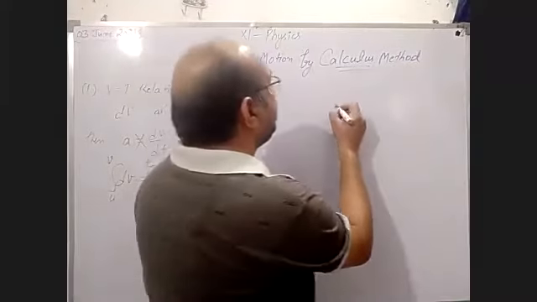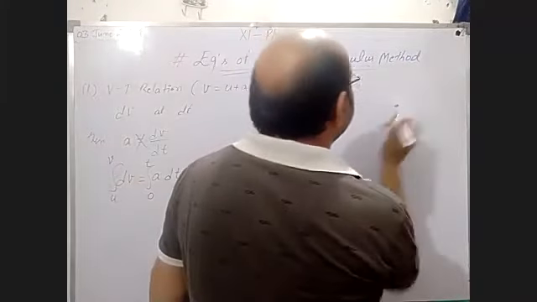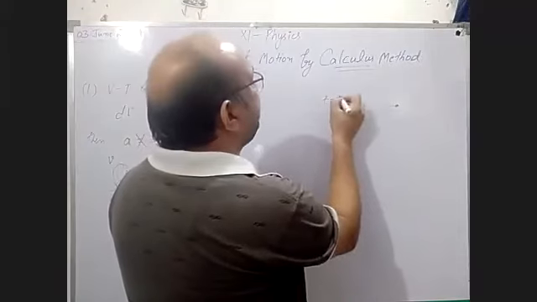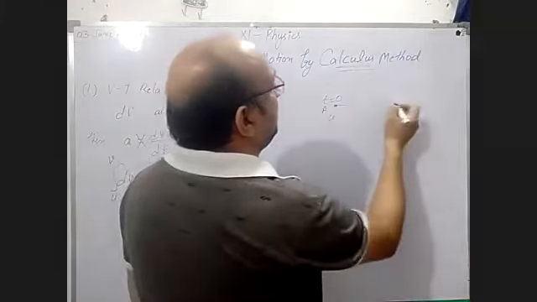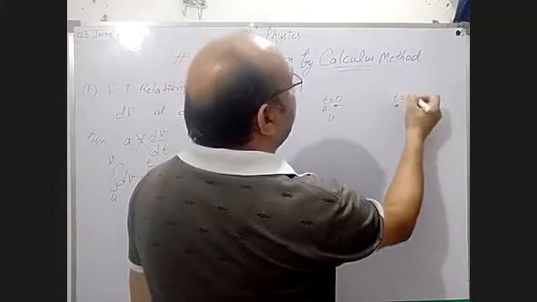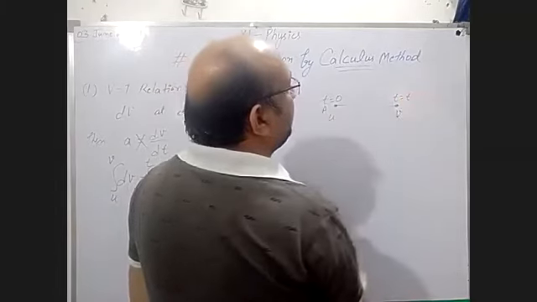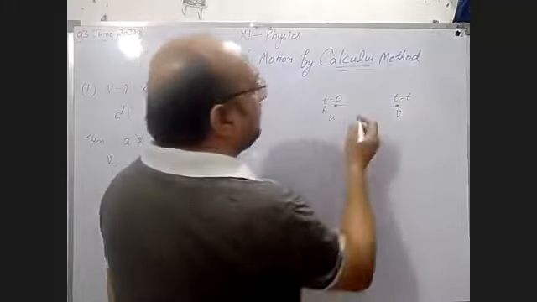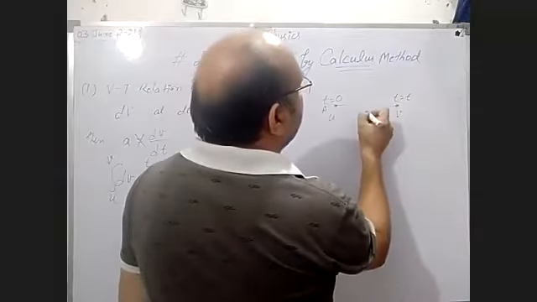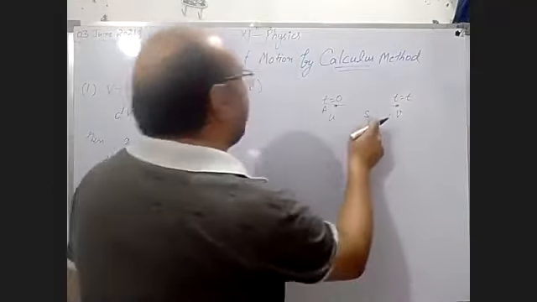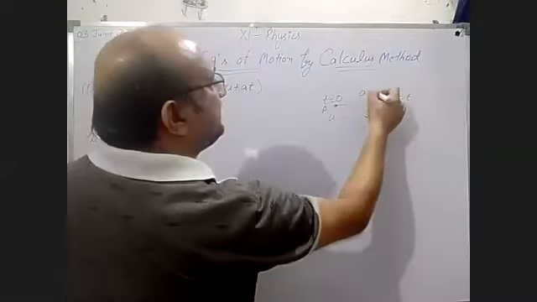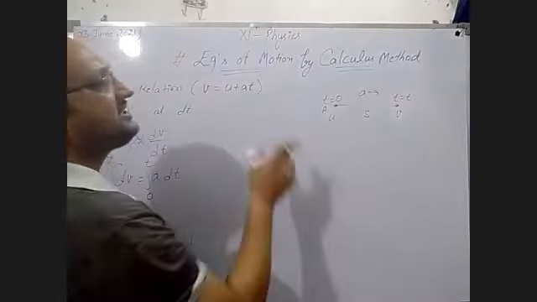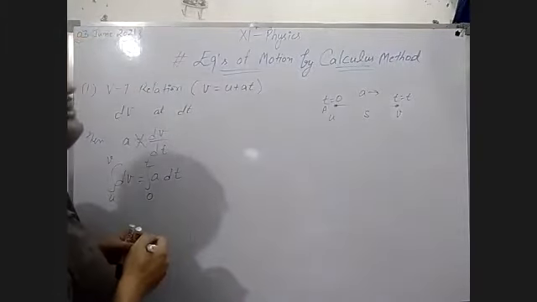Suppose at time 0 an object is at point A, its initial velocity is u. After time t, its velocity will become v, after covering distance s. Here the acceleration is uniform, you can take the value a.